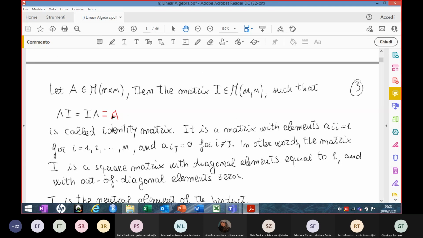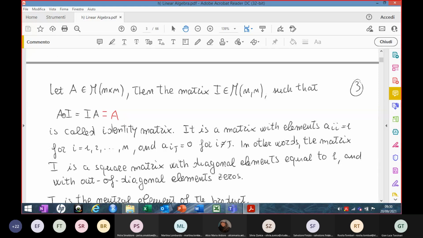So what I'm saying here, I told you, in general, the product A times B is different from B times A, supposing that they are both feasible. But I is a matrix such that A times I is equal to I times A. So in this case, the product is commutative.